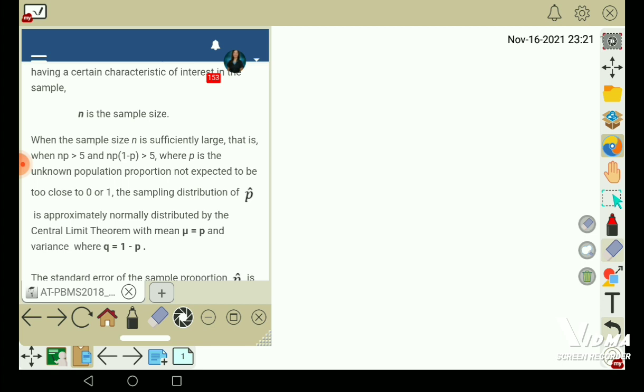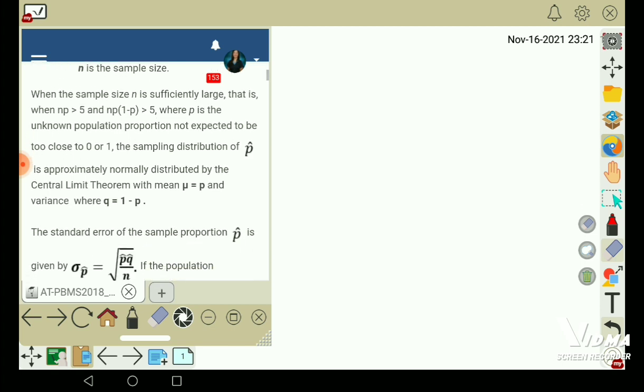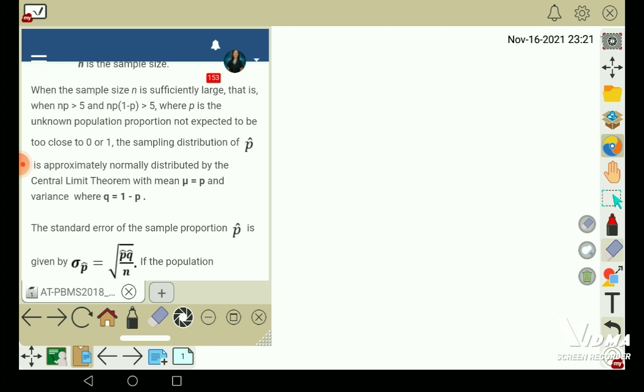The sampling distribution of p hat is approximately normally distributed by the central limit theorem, with mean equal to the population proportion p, and variance determined by q, which is equal to 1 minus the population proportion. That is your population proportion variance.